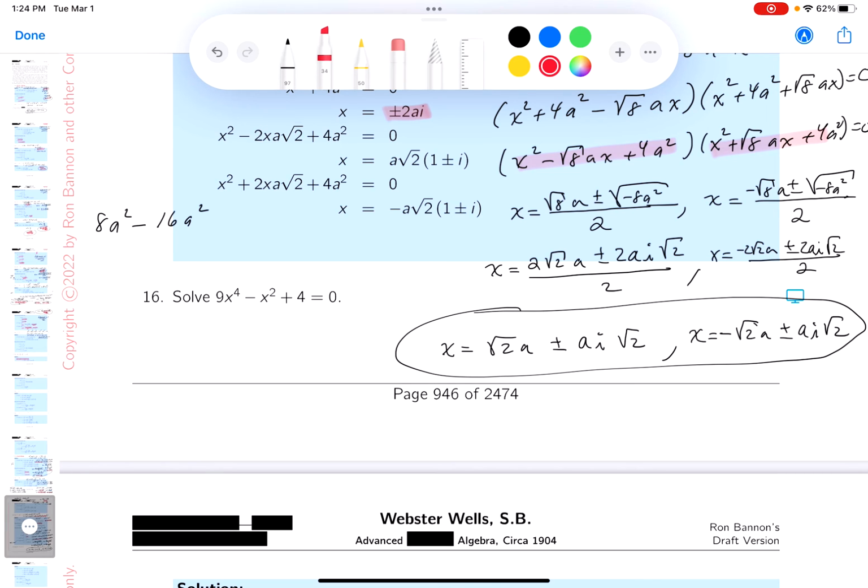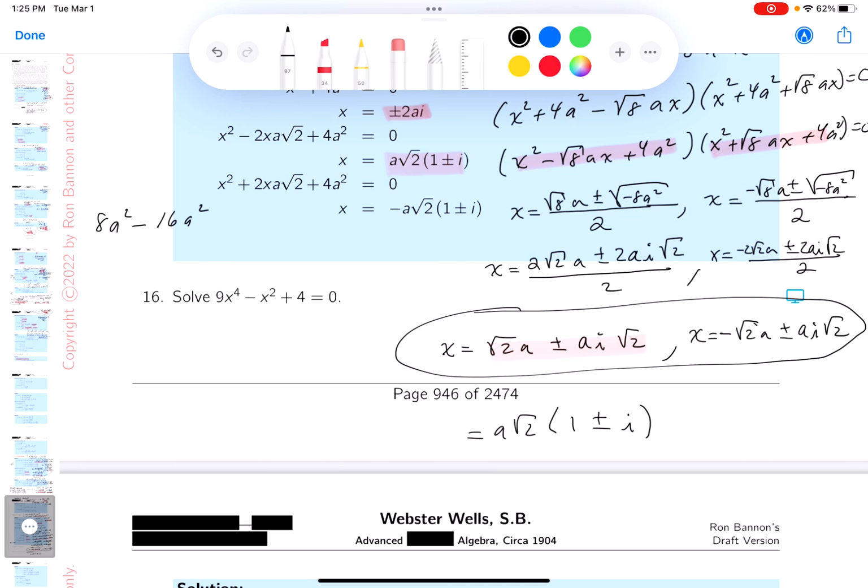Let's take a look at our answer key. I know they did something spiffy over here, and maybe I should go through that with you. So it looks like they factored out an a root 2. What would they get over there? 1 plus or minus i. I factored a root 2 from both terms, and I got 1 plus or minus i. Where's that listed? Right here.